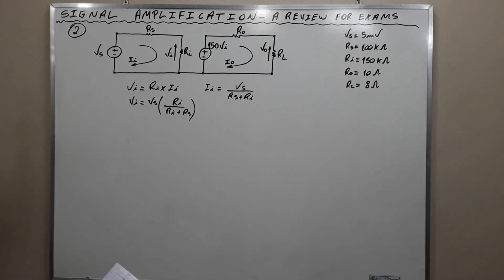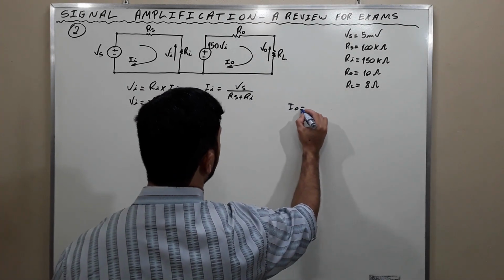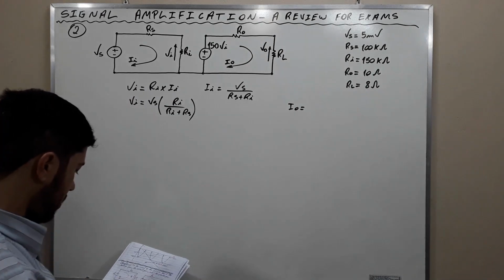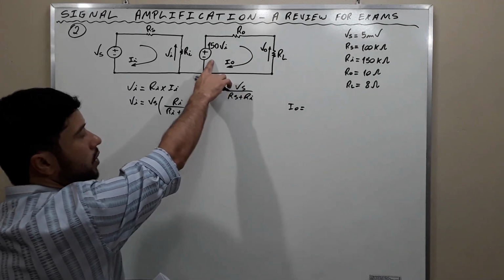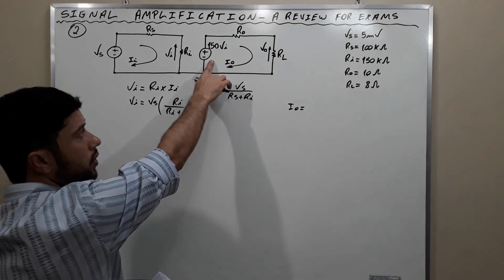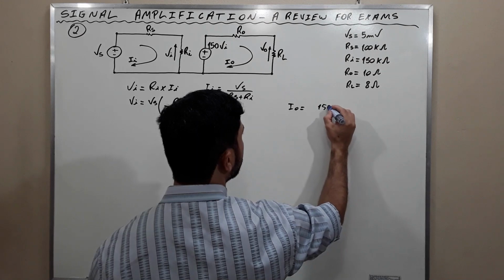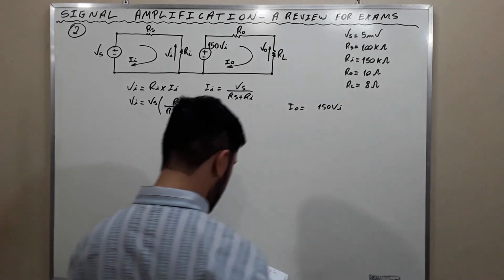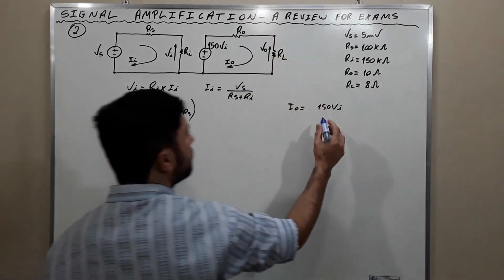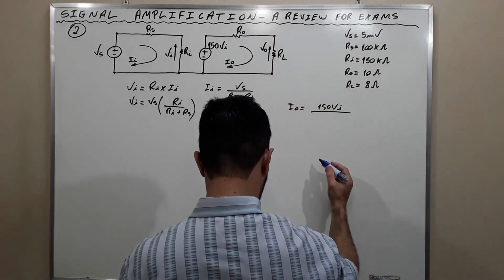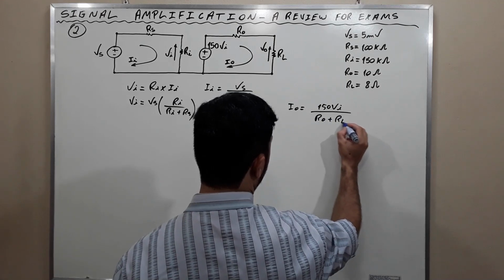Observe also that Io is equal to the voltage here, 150 times Vi divided by the resistances Ro plus RL.